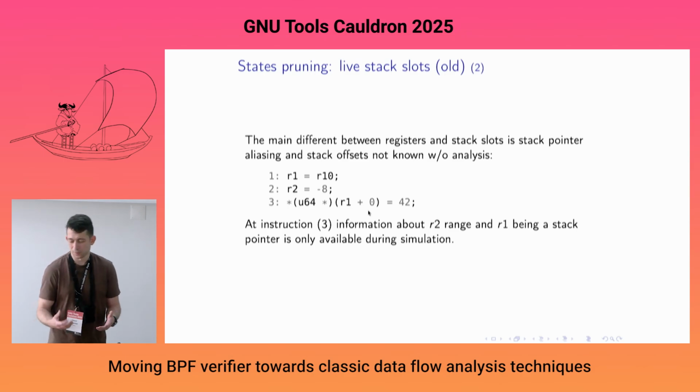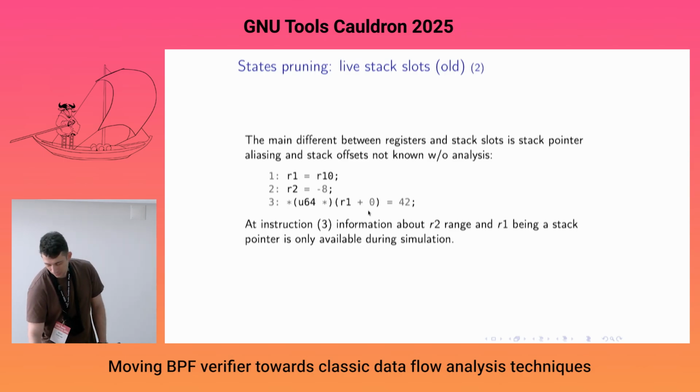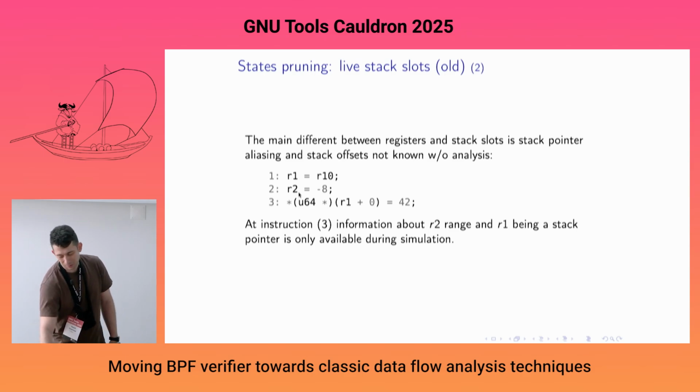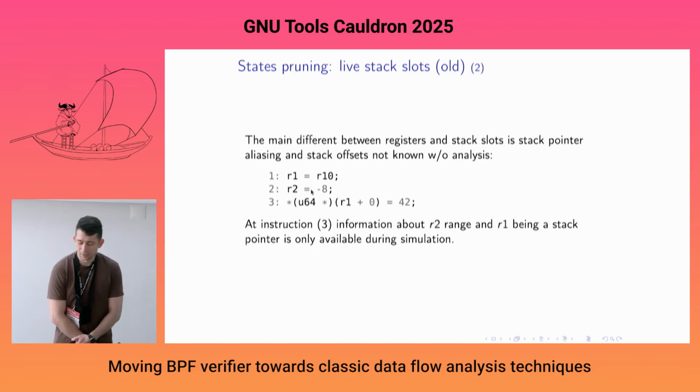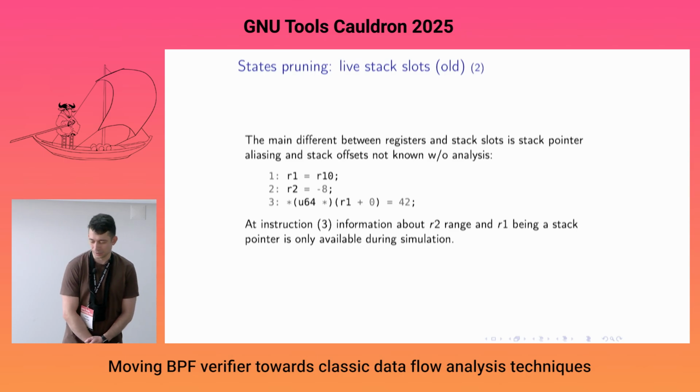Sorry, I missed an addition: R2 should be added to R1. So the information about the range of R2 and R1 and the type of R1 is available only during the main simulation pass. And this is when we also want to know this information about live and dead stack slots.